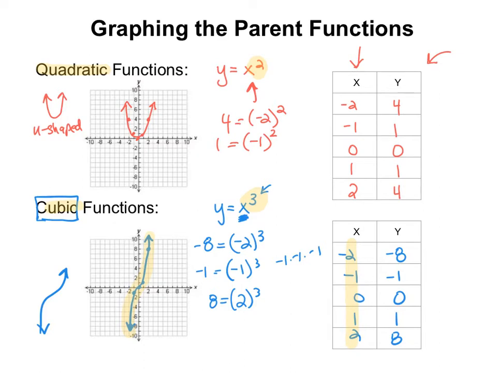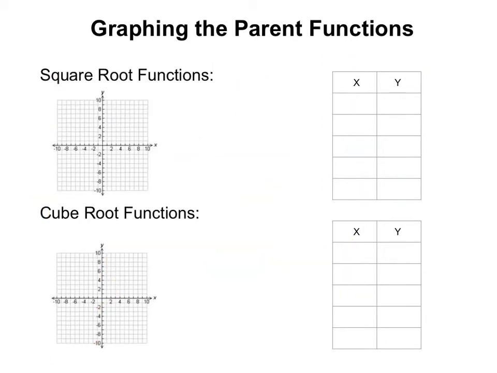Here, it looks similar to the cubic function, but this goes up and down, and look at that cube root function. Okay, the root functions, square root and cube root. You know a square root looks like this, and it's y equals the square root of x. That is the most basic function in a family of functions.